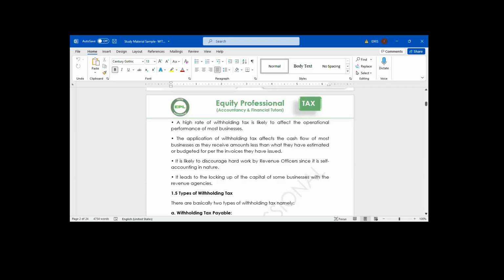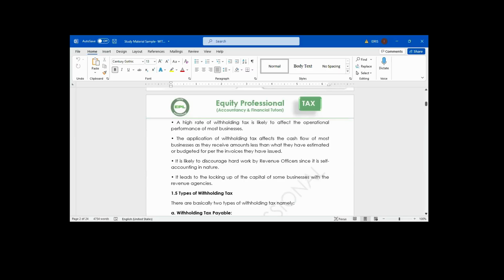If the profit I'm making on the contract supply does not even amount to 5%, that means you have deducted more than the profit margin I'm making already. That is a loss to me already. So this is one of the disadvantages of withholding tax.